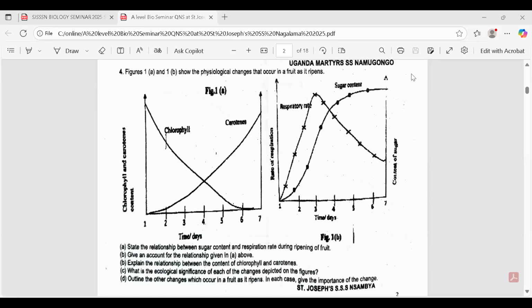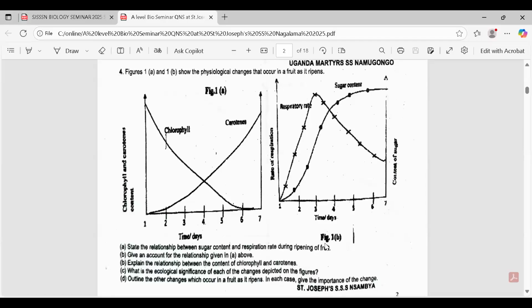Let me try to zoom it maybe. I hope we can see it. If we can see it, then the better.